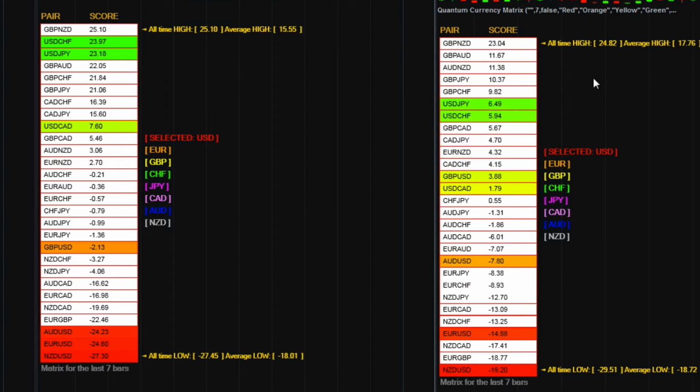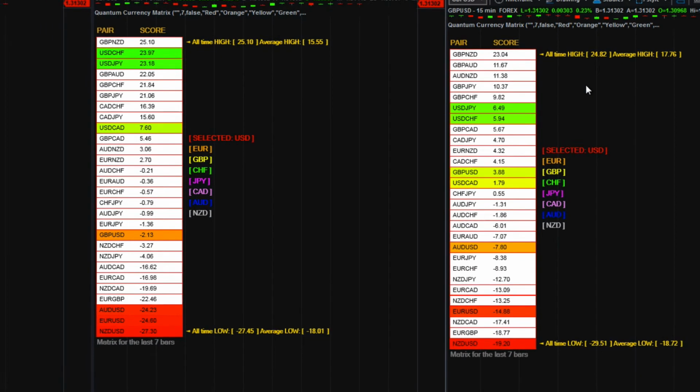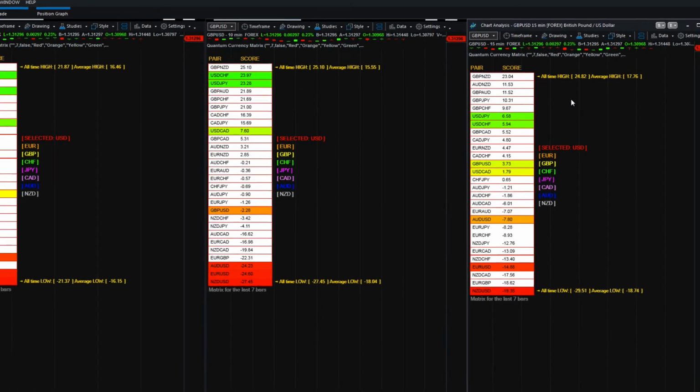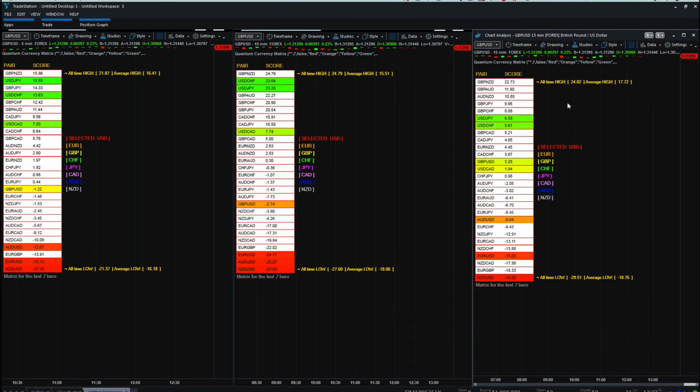But when you get big differentials of maybe 10 points, which you see quite a lot, you'll see that happen. You're up at the top, maybe you'll have a very big number, and down at the bottom quite a low number. That's telling you, and equally, if you've got a big number at the bottom and a lowish number at the top, it's telling you that the sentiment is much more heavily weighted to the bearish side than it is to the bullish side for those particular pairs. So it gives you a lot of information.